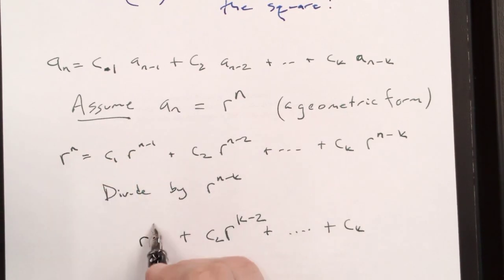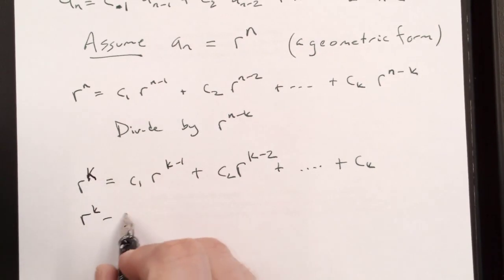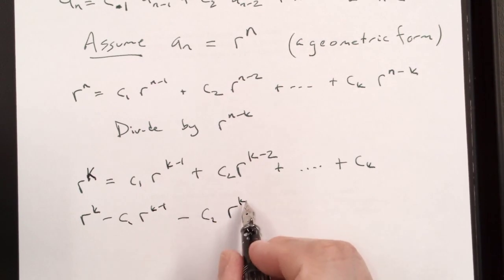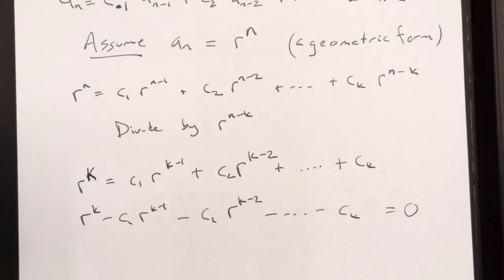Aha. Hey, wait a minute. Put it all on one side. That's r to the k minus c1 r to the k minus 1 minus c2 r to the k minus 2 minus ck equals 0.